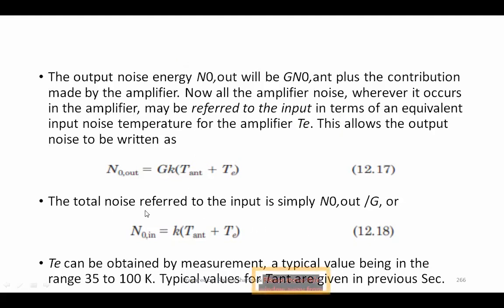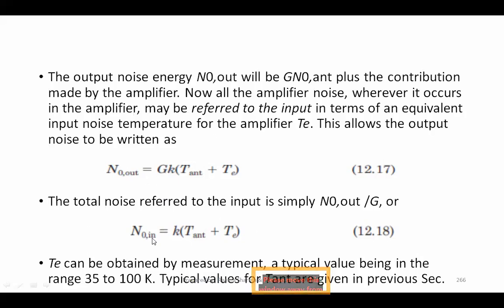The total noise referred to the input is simply N naught out divided by G, and this is the formula that we will be using: K into (T_A plus T_E). So your G goes out, the gain.